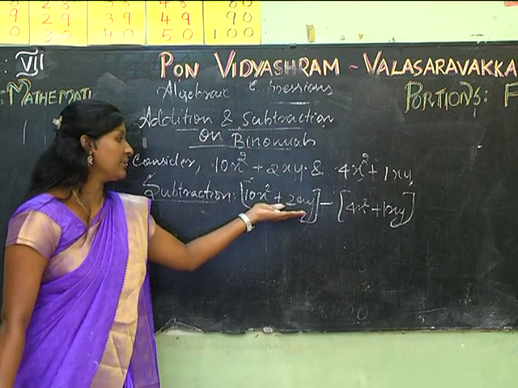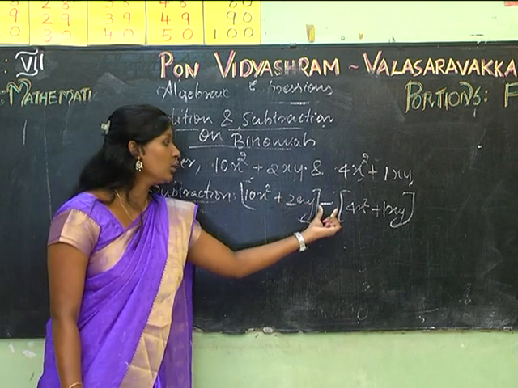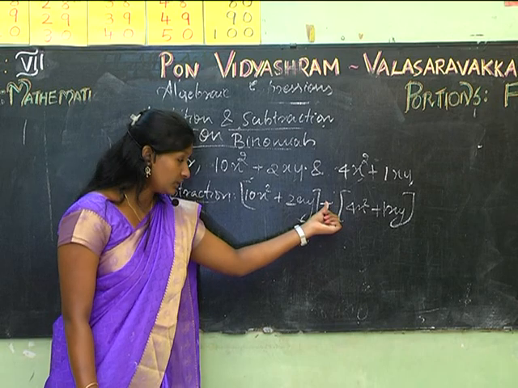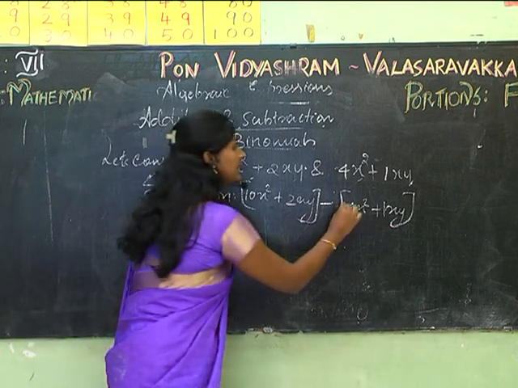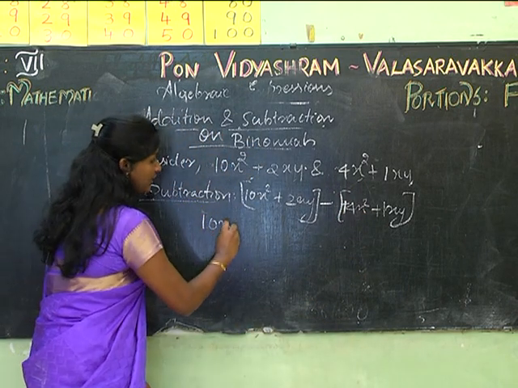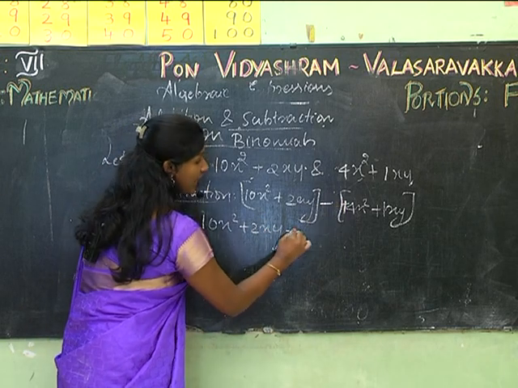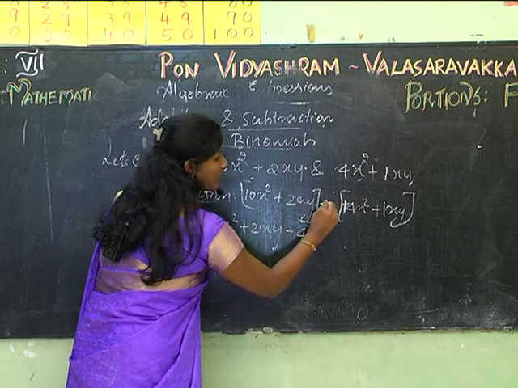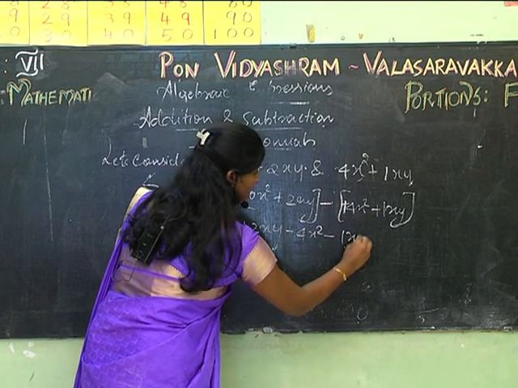So let me carry this first expression as such, and then I am going to add the negative sign to the second expression, as we have a hidden positive symbol here. So 10x square plus 2xy, minus into plus gives minus 4x square, and minus into plus will give you minus 1xy.